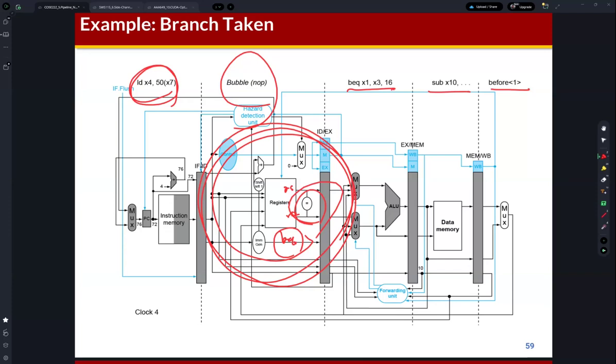So we just analyzed the causes of the performance drops. We observed that the branch is resolved very late, so we need to make the branch instruction resolved earlier, in the ID stage. But we can also observe another issue, which is the data hazard.